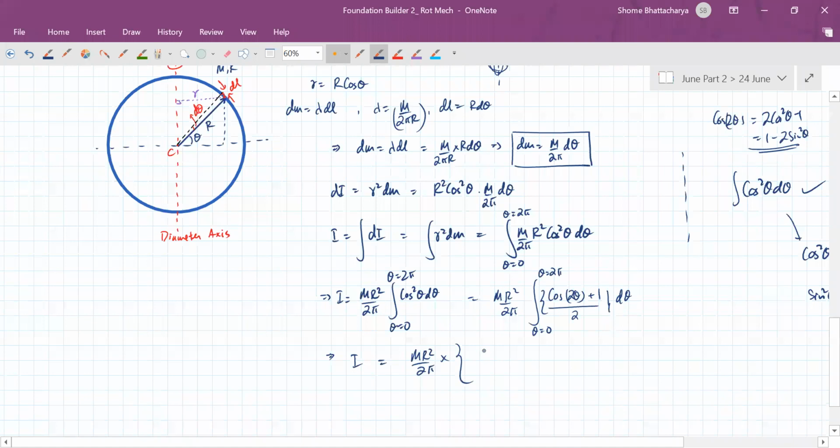Now this cos 2 theta's integration will become sine 2 theta by 2. There's already a by 2, so it will become by 4. And then you have the 1 by 2 term, so it will be theta by 2.